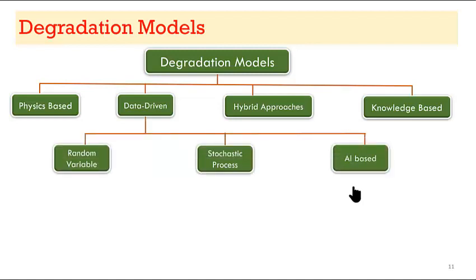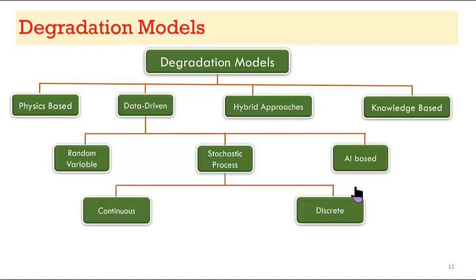Now, if you see the data-driven model, this can generally be divided into three parts. You can have a random variable kind of degradation model, or a stochastic process degradation model, or an artificial intelligence-based degradation model. Furthermore, a stochastic process model can be divided into two categories.